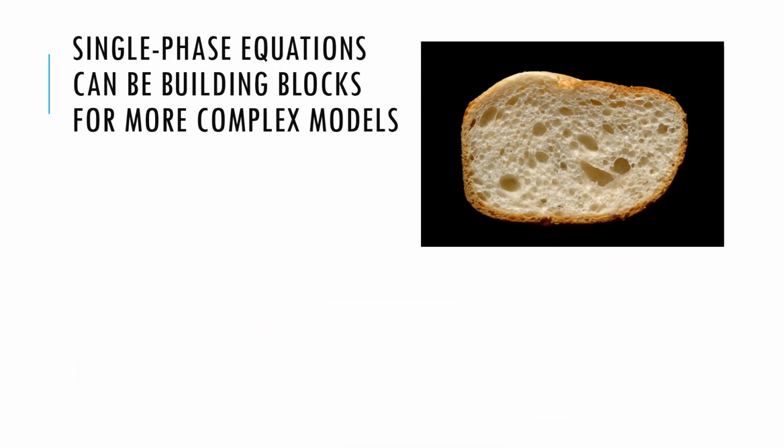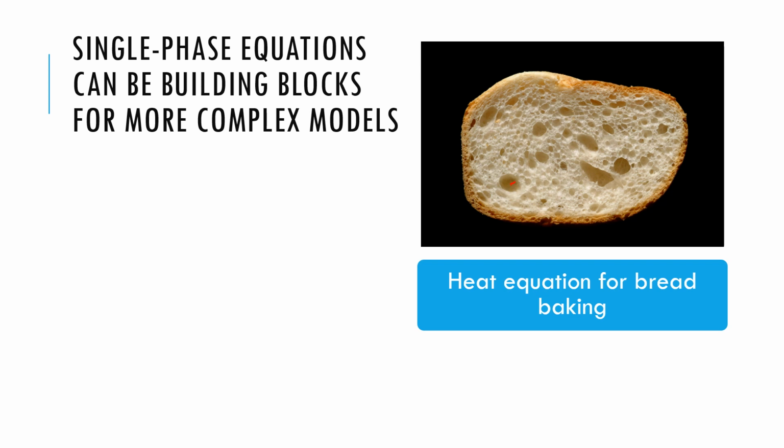Here's an example of how the simple equations that we'll derive can eventually be used for more complex systems. The equation that we will derive is not valid for a complex system such as bread that has gas and liquid and solid, and also pressures develop and so on. However, if we think of the heat equation for bread baking, we cannot use the heat equation directly.